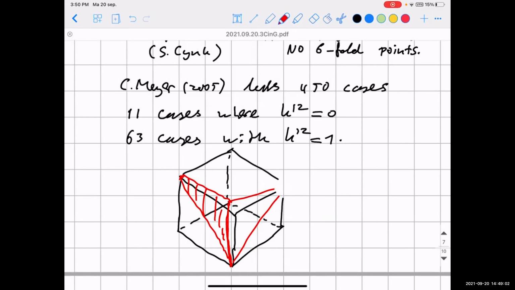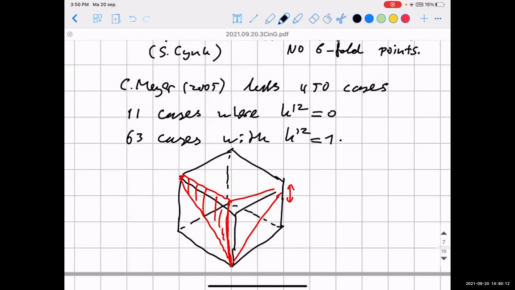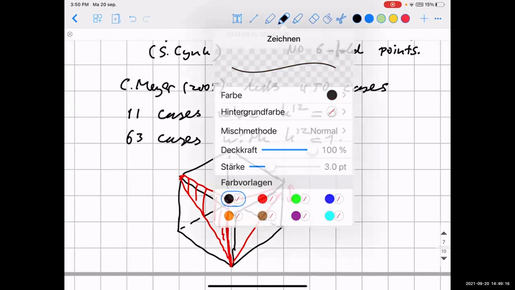And you can, for example, move this point so that it no longer goes through the, you can make it, it's difficult with these colors.